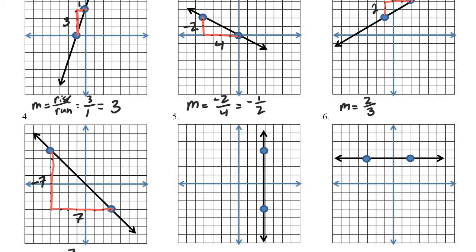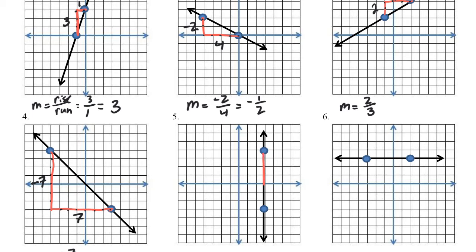All right, now let's talk about these next 2 lines. We have first a vertical line, and second a horizontal line. I'm going to do these the same way I did all the other graphs, and then we're going to talk about the pattern that happens with these lines. If I look at these 2 points for example number 5, I can't draw a triangle, right?